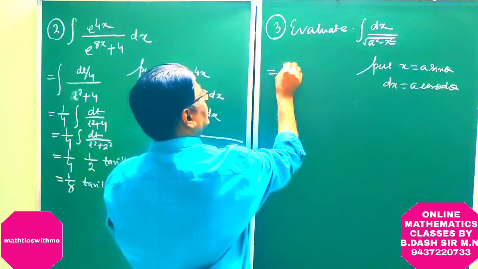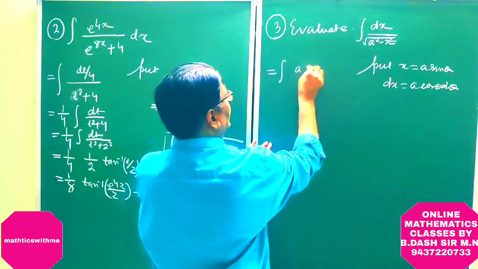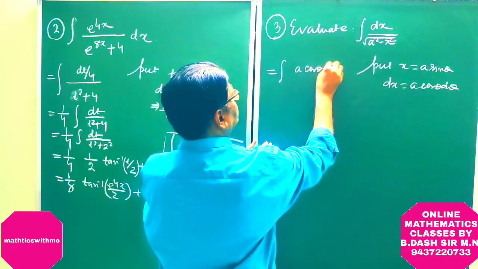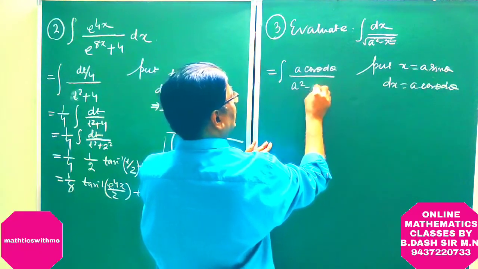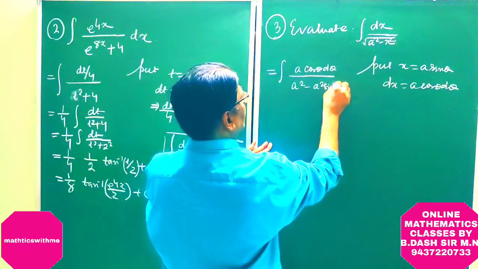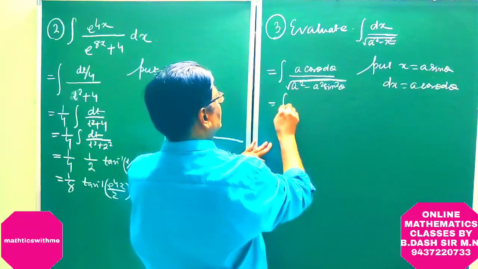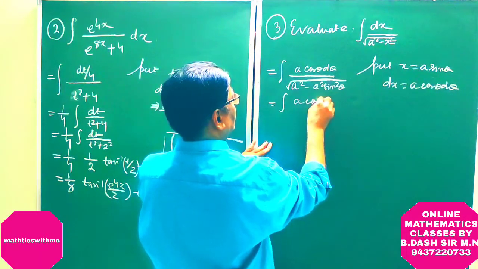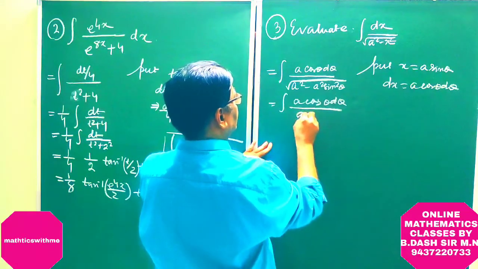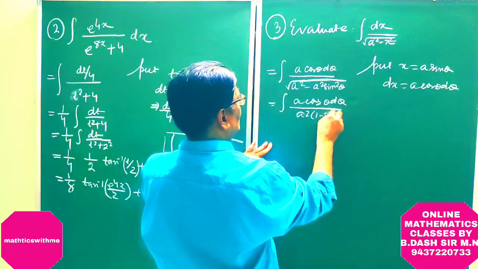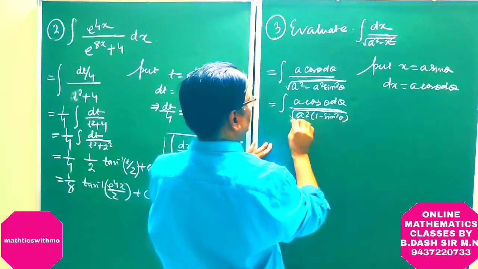So this integration is equal to a cos theta d theta by root over a square minus a square sin square theta. This is equal to integration a cos theta d theta by root over a square common, 1 minus sin square theta.